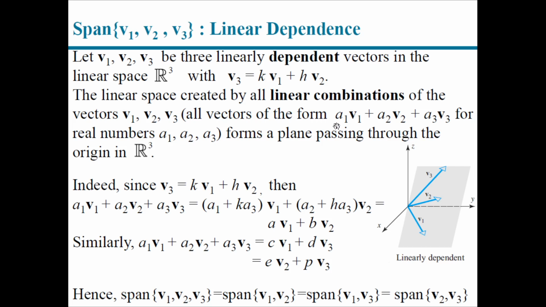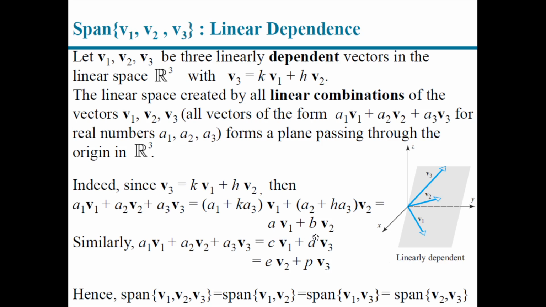So when I go and create the space of all linear combinations of v1, v2, v3, well, I can replace v3 by this expression here. So if I do that and I shake it a little bit and do a little bit of algebra, what I get is that the space generated by all linear combinations of v1, v2, v3 is actually the same as the space obtained by all linear combinations of v1 and v2.